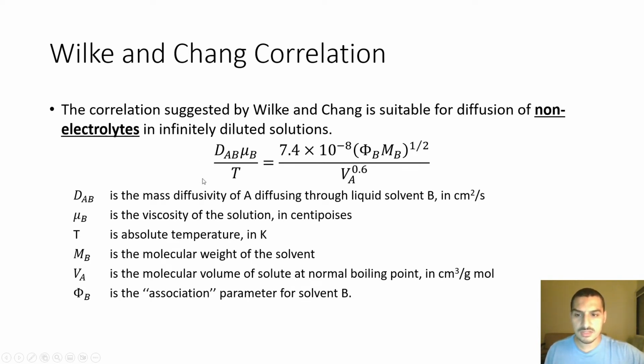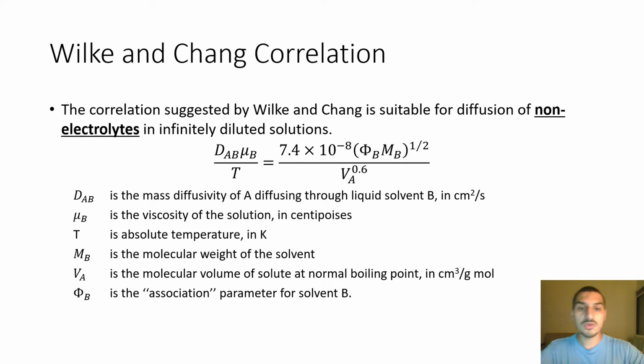The left-hand side is exactly like the Stokes-Einstein equation. Here the equation is a function of only 3 parameters besides mu and T. These are phi b, which is the association parameter. The association parameter takes into account the association, or the kind of bonds, that take place between the molecules.